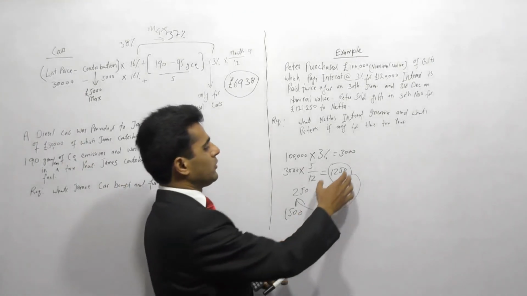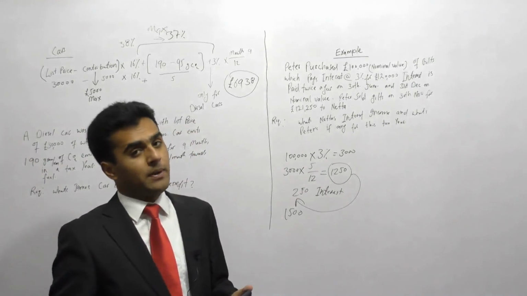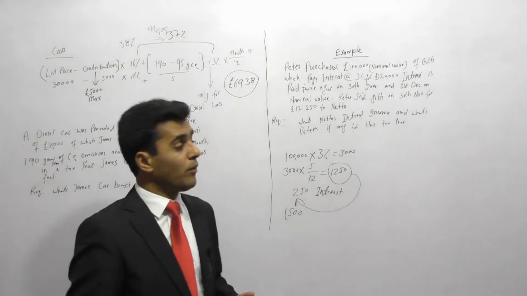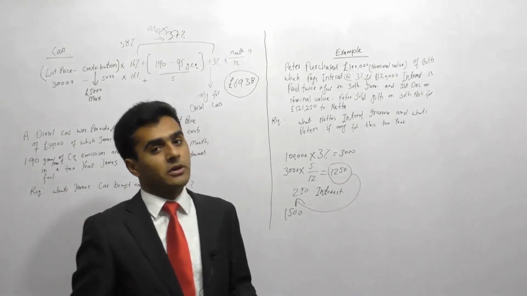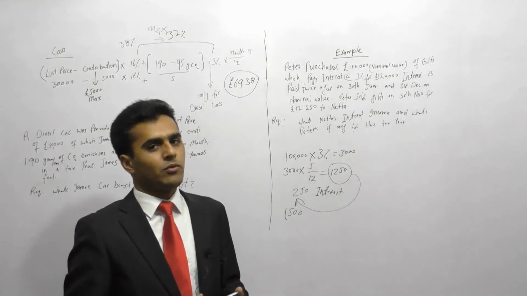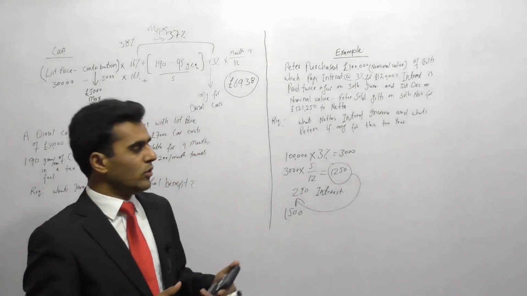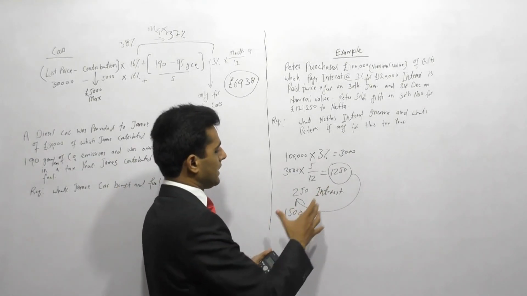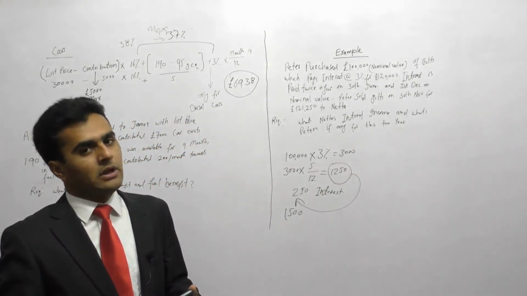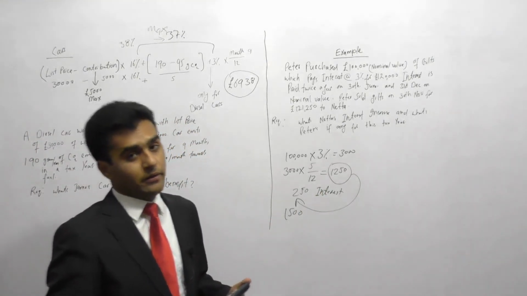Say for example, if this £1,250 falls within the basic rate band of Peter, then he will also be eligible for £1,000 worth of nil rate band. So while calculating the accrued interest, we will also have to see if he is eligible for nil rate band.